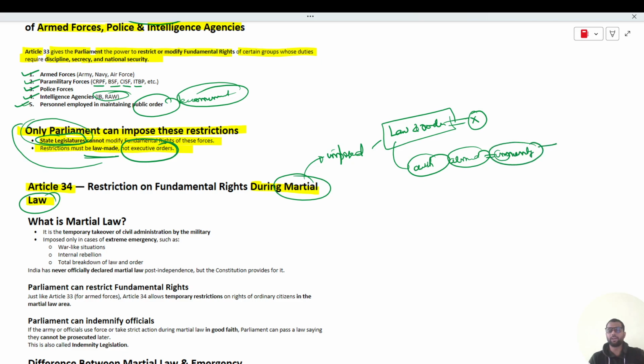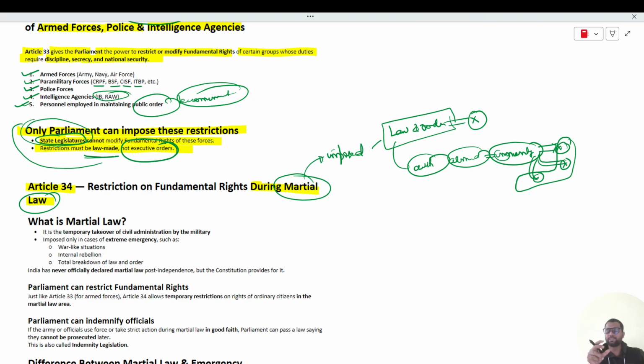If you do something, if you commit a crime, that is, if you restrict someone's freedom, or do other things, you will not be treated as guilty, and you cannot be prosecuted later for the action you have taken while martial law was enforced.